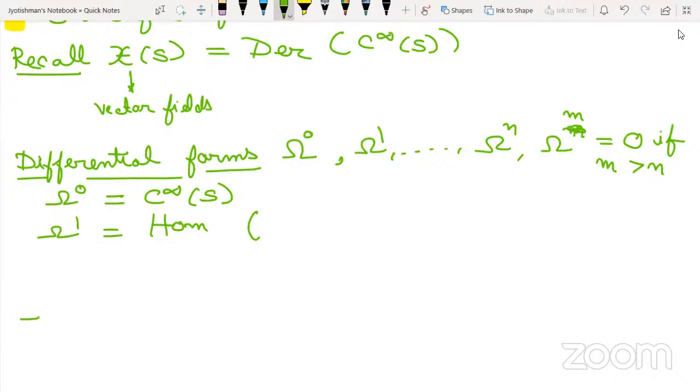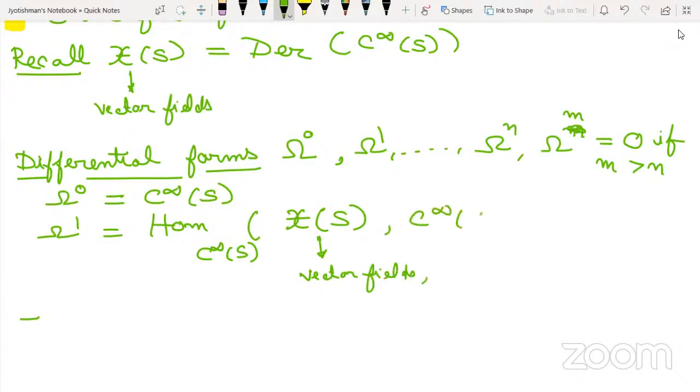So I will just define omega 0, omega 1, and omega 2. So the higher forms can be defined similarly. So omega 1 are actually the set of all C infinity linear maps from the vector fields to C infinity S.